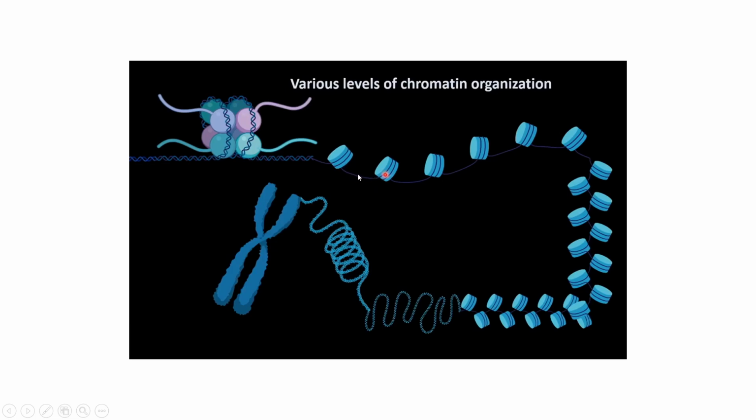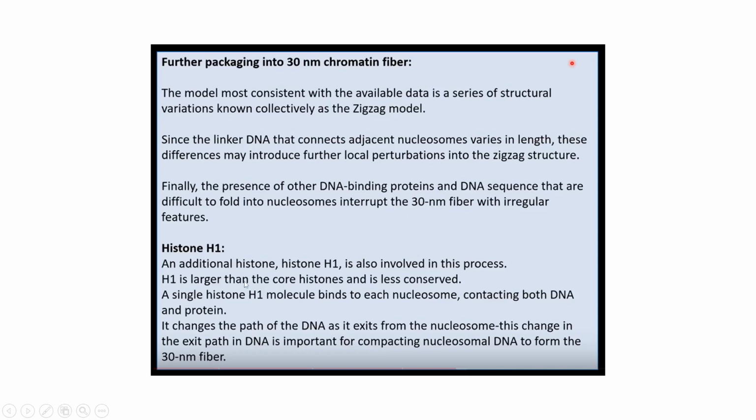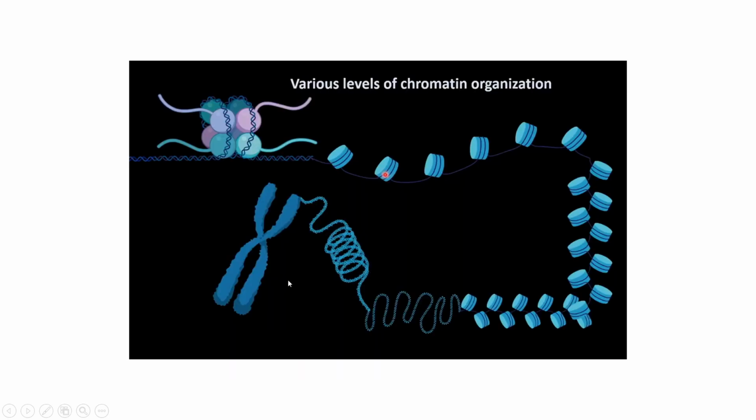Okay, and due to that binding, it further allows the compaction of the DNA by bridging the gap between the two nucleosome core particles, by binding to the linker DNA. And it also changes the path of the DNA exit from the nucleosome. And this change in the exit path is important for compacting the nucleosome DNA to form a 30 nanometer fiber.